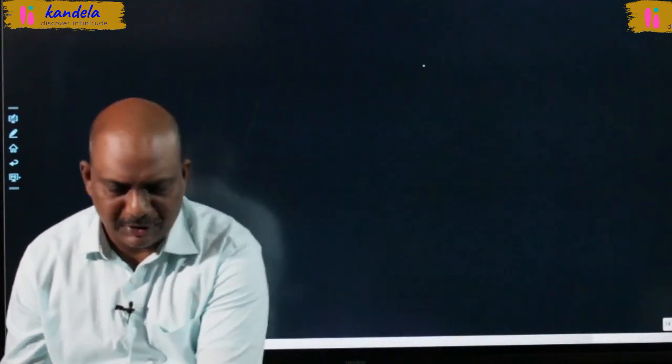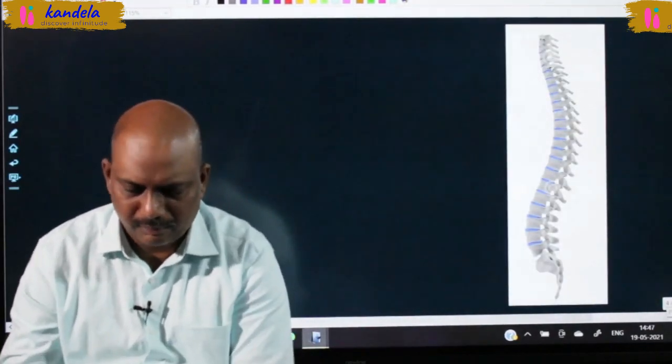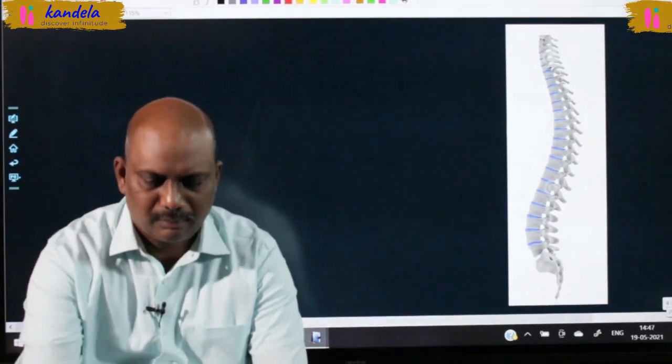But in the case of Australopithecus, because there is no perfect curvature, before that I will show you one diagram, one picture. See how nicely it is curved.